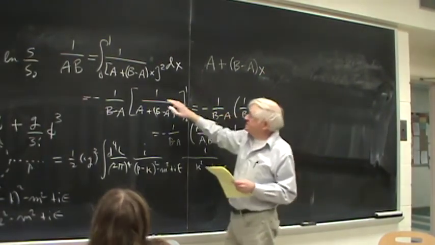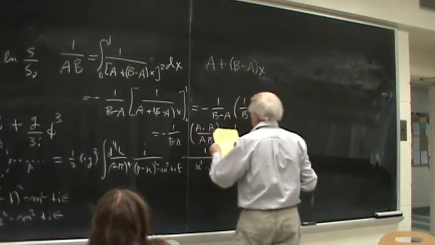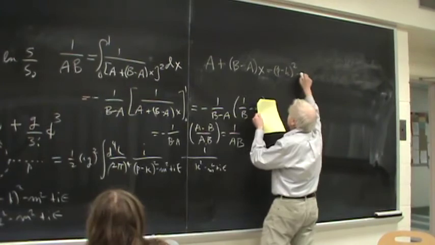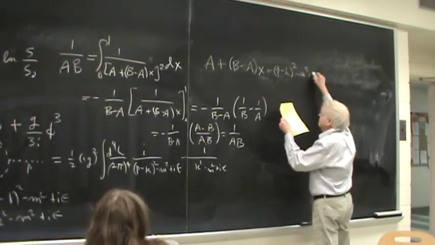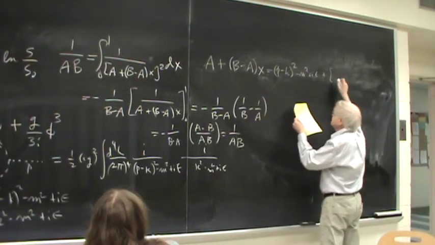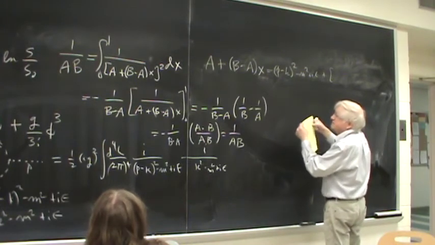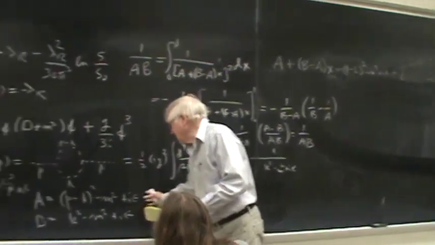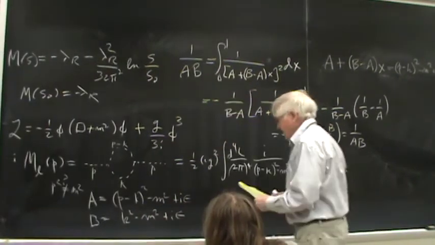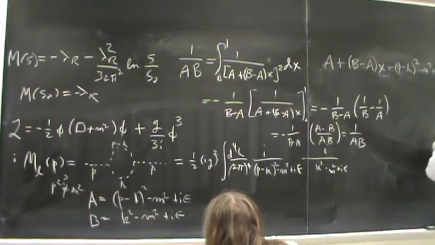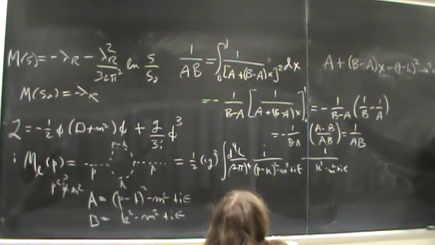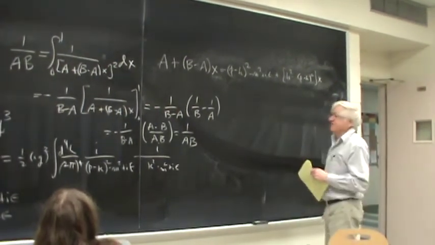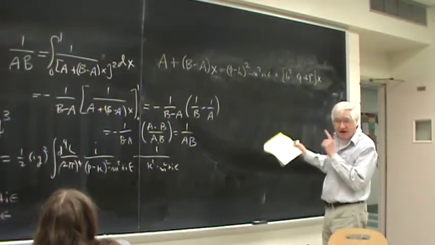So what we want is B plus (A minus B)x. Well, what is that? That's certainly k squared minus m squared plus i epsilon plus (A minus B)x. Well, in A minus B, this part cancels, so it's (p minus k) squared minus k squared. Okay, so that's the Feynman denominator, but we have to square this, remember.